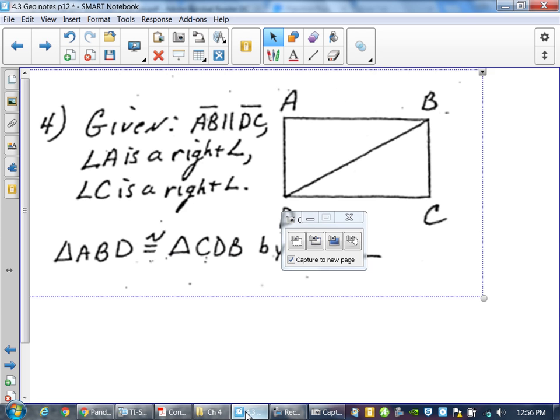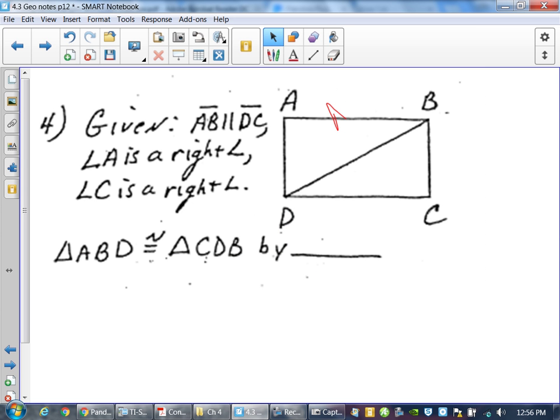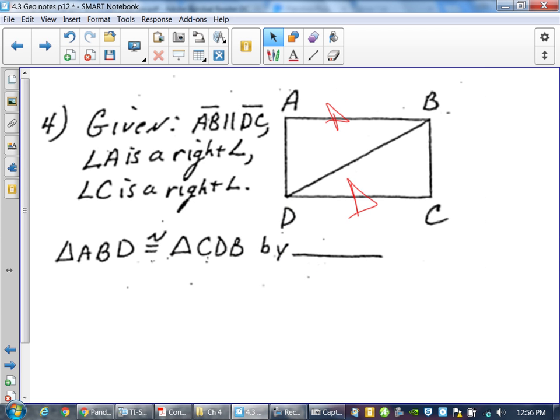You have parallel lines. These are parallel according to my progression sheet. According to my progression sheet, if I have parallel lines, then I need to look for some angle pair relationship. Well, I'm looking through here.